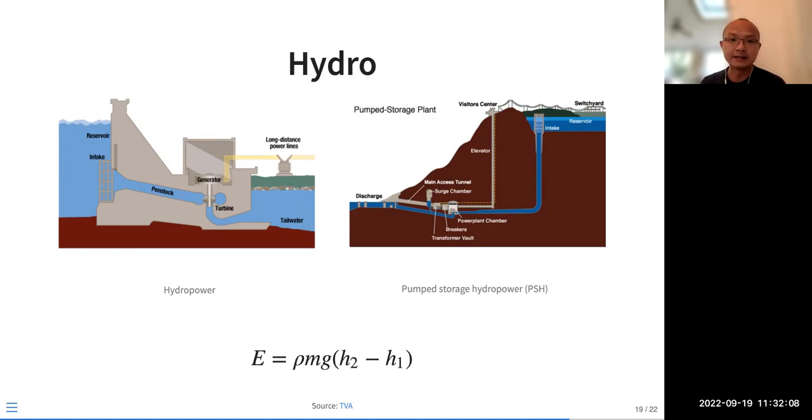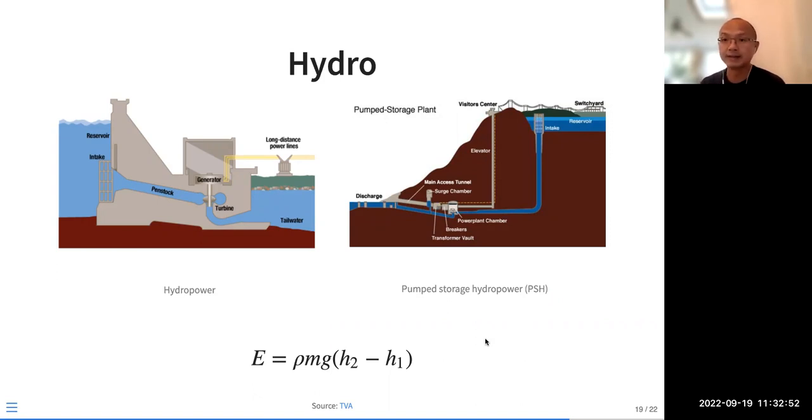So you create a reservoir using a dam, and that has high potential energy, and that potential energy drives the generator turbine to generate electricity. The energy has to do with the height, how high the dam is, and that's what we can see here. And another related one is pumped storage.